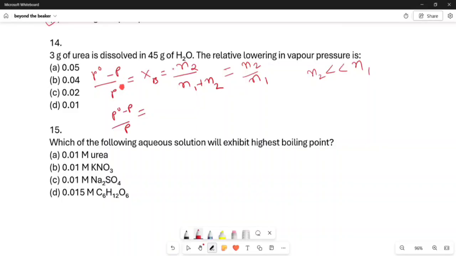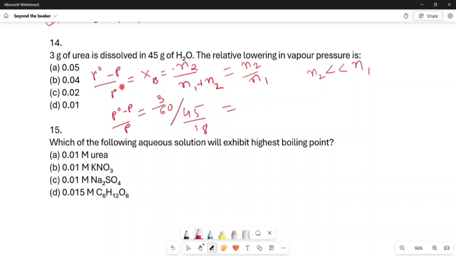N2 means WB divided by MB. So what is the weight of that solute? 3 gram. 3 divided by molar mass of urea, which is 60, divided by, what is the weight of water? 45 gram. So what is the molar mass of water? 18.